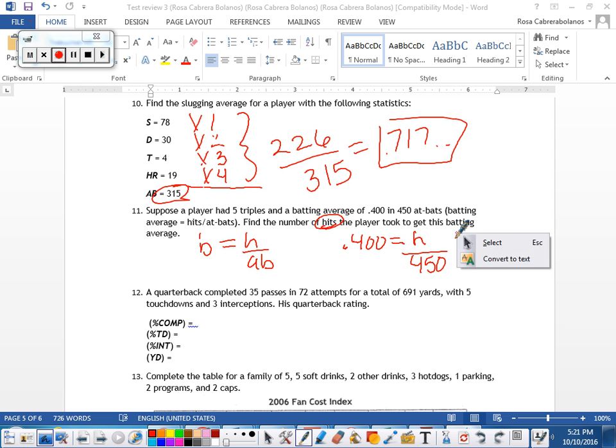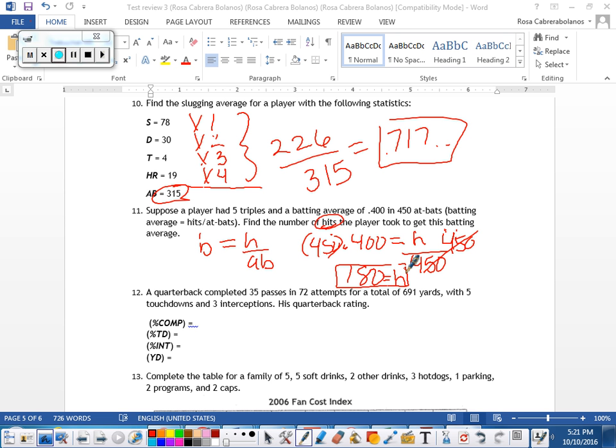We multiply by 450, multiply by 450 to cancel that out, and this is 180 equals your number of hits. That's all I'm looking for on that.